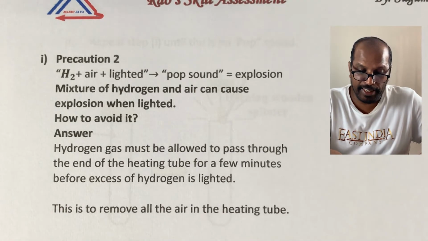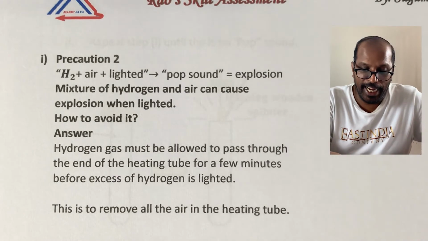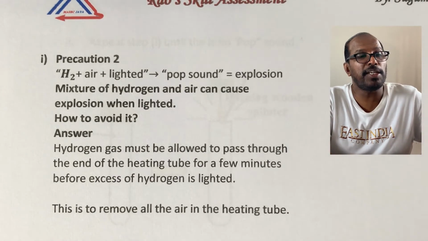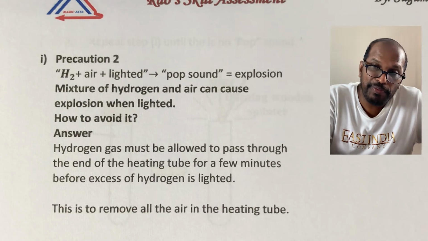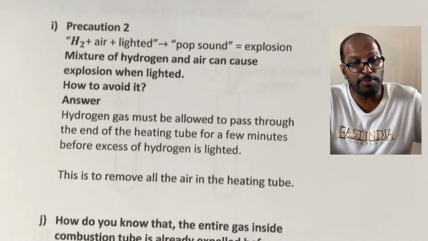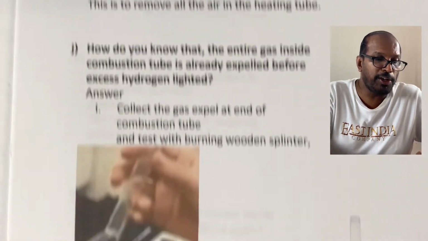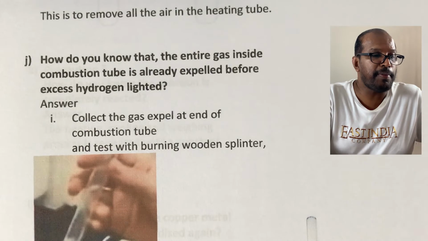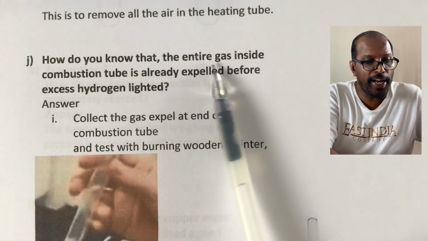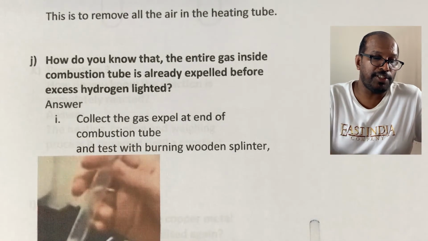Okay, the next step. Now another problem came in. How do you know that all the gas in the heating tube has been removed? We can't just predict that it has already been removed, we have to make sure it has been removed. So how do you know that the entire gas inside the combustion tube is already expelled before the excess hydrogen is lighted?